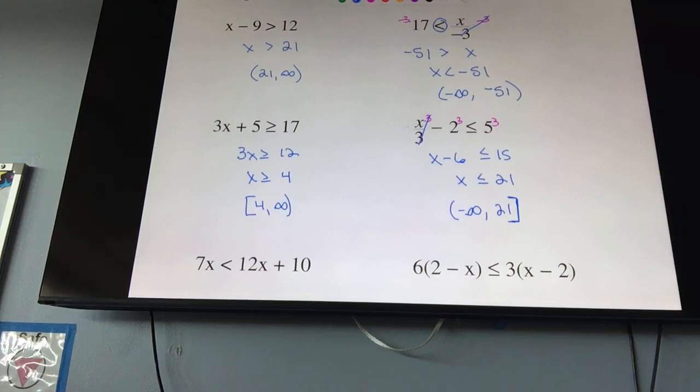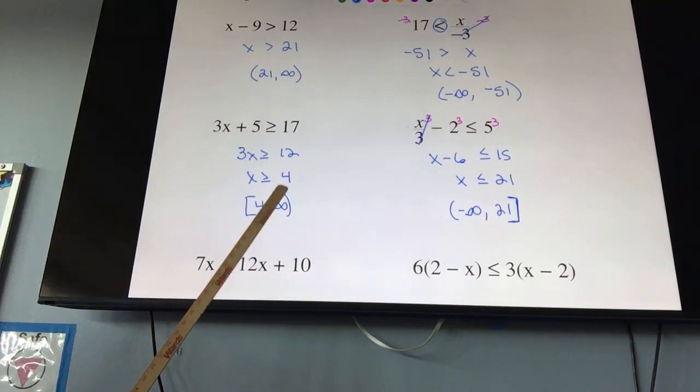Okay, so let me make a few general statements. If you have a greater than or equal to, and x is on the left, so this is all statements where x is on the left side, okay? If you have a greater than or equal to, you're always going to have a positive infinity in your answer.